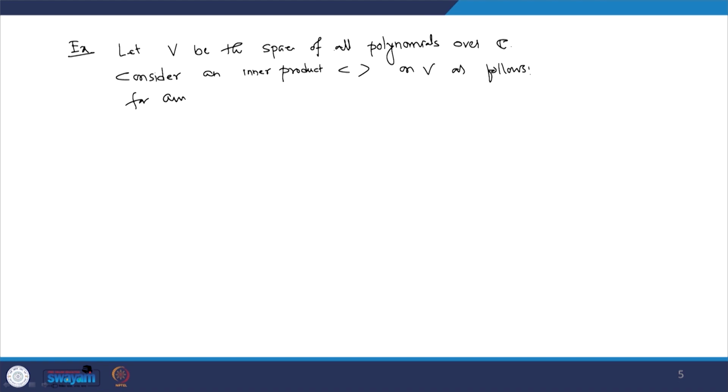For any f and g belonging to V, both polynomials over C, the inner product of f and g is given by the integral from 0 to 1 of f of x times g of x bar dx. So, the inner product is defined like this.